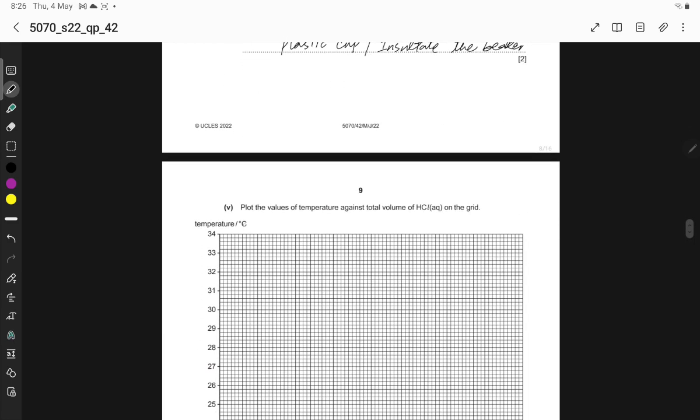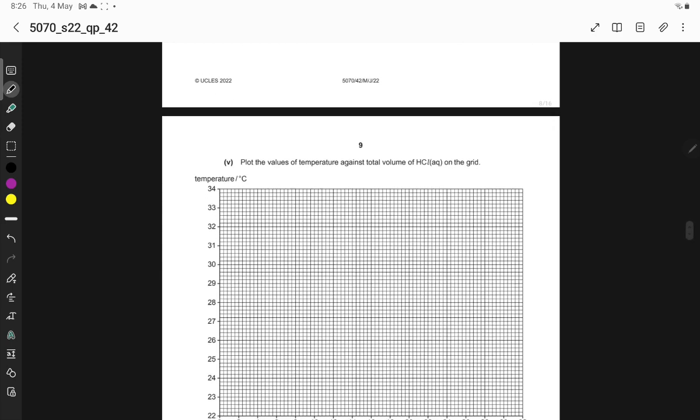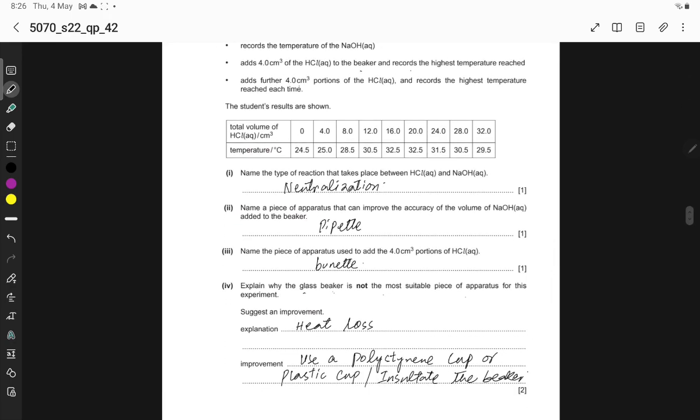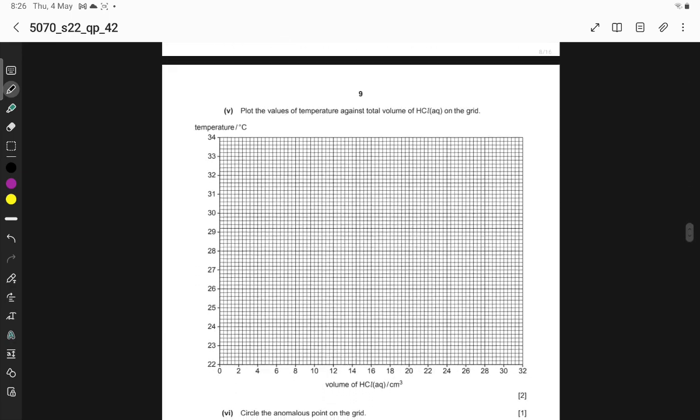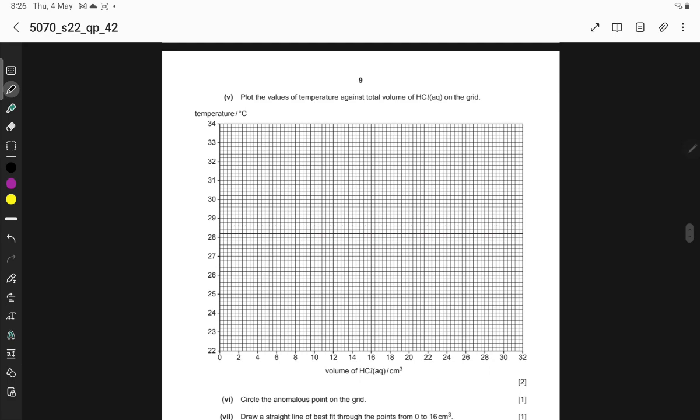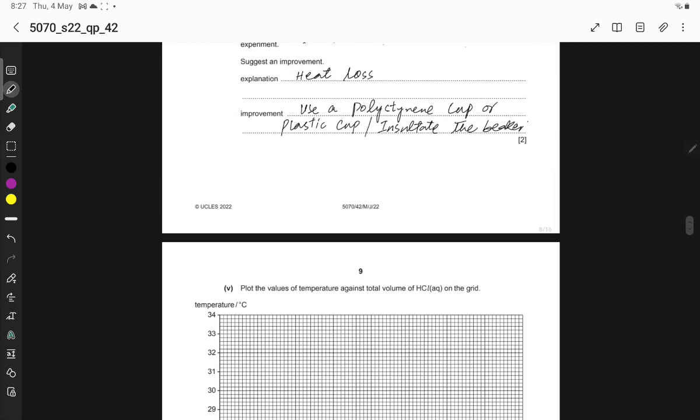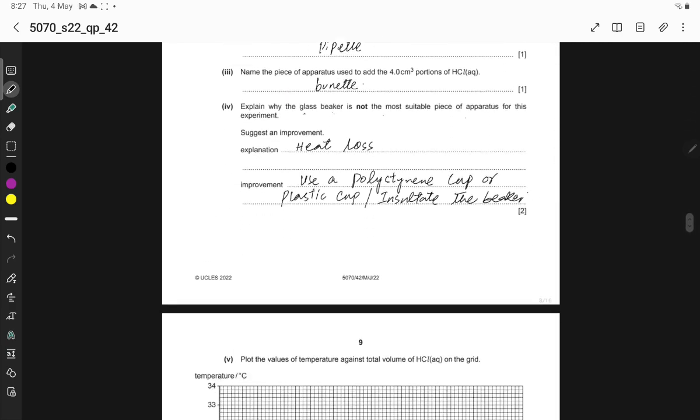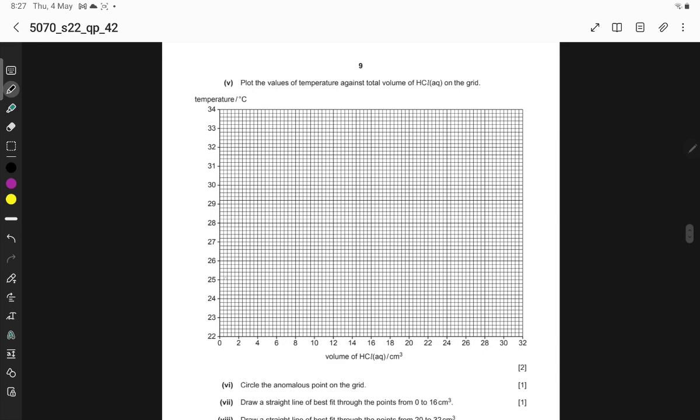Now plot the values of temperature against total volume of HCl on the grid. So first, 24.5. Here is temperature, over here is volume. This is 24, and over here you can use a dot or a cross.